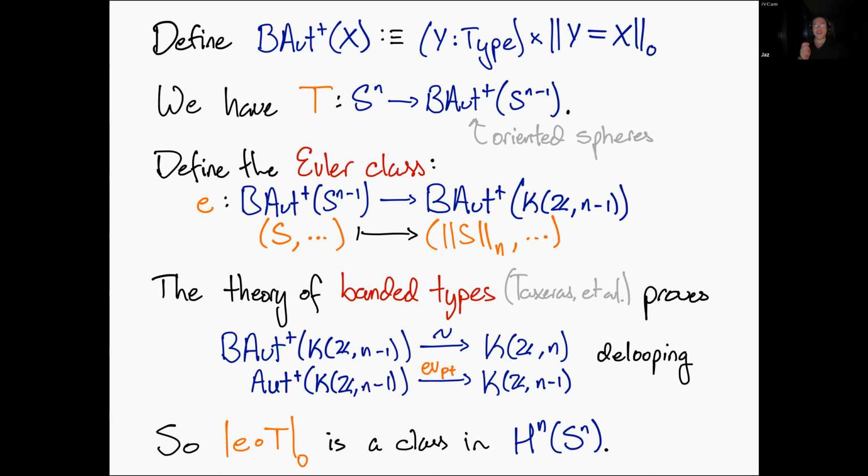But you have this choice of a connected component of the automorphism group of a sphere, for which there are two, and that's your orientation. So this is why I've used a plus here, in analogy to GLn plus for the positively oriented general linear group.